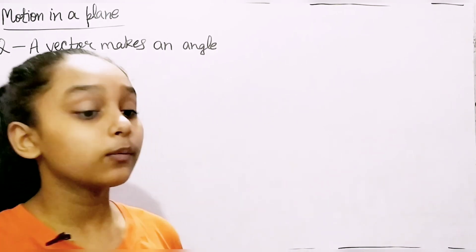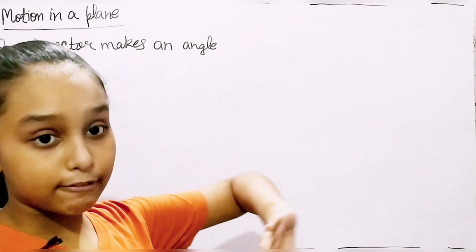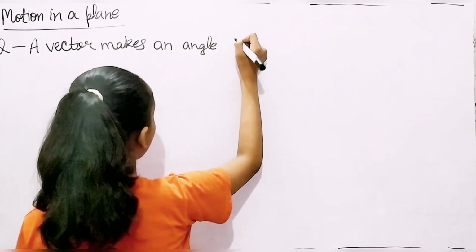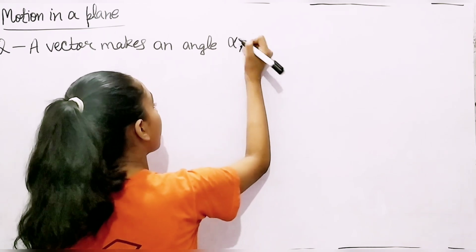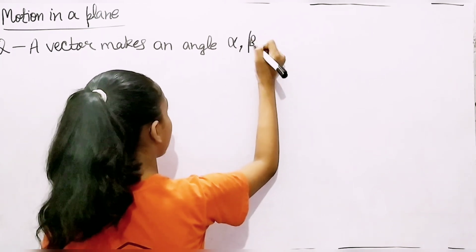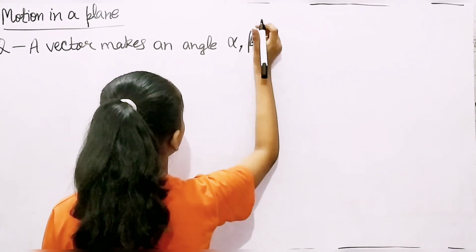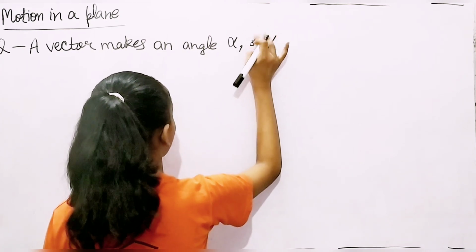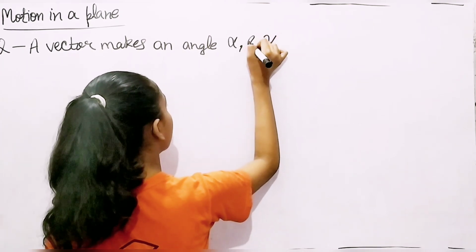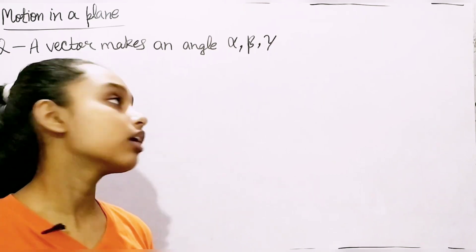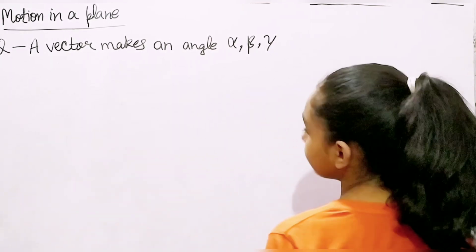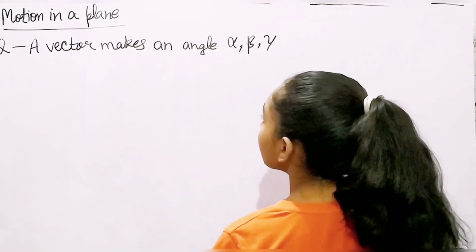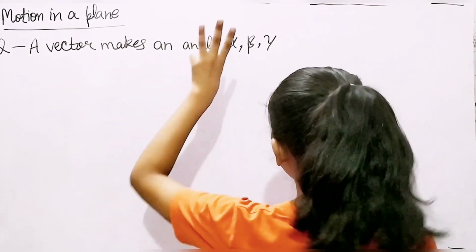So the question is that a vector P makes an angle, and I'll write that. So now the angles are alpha, beta and gamma. Oh, this kind of looks like a B, but it is not a B, it is a beta. Got it? Like theta and beta. Okay, whatever. So there are three angles given to us.